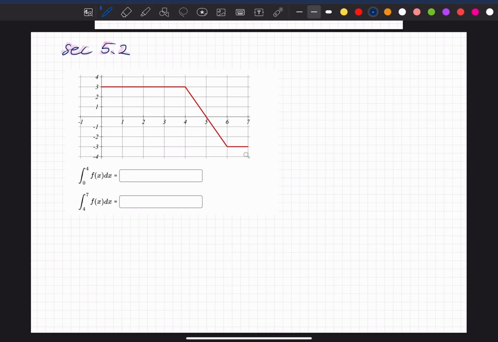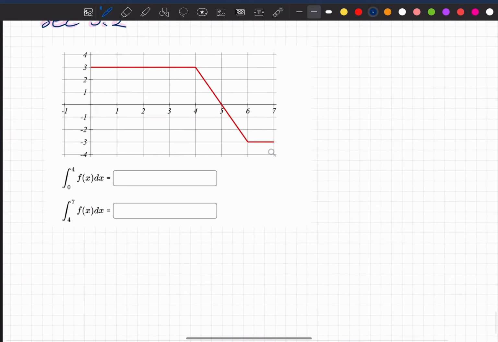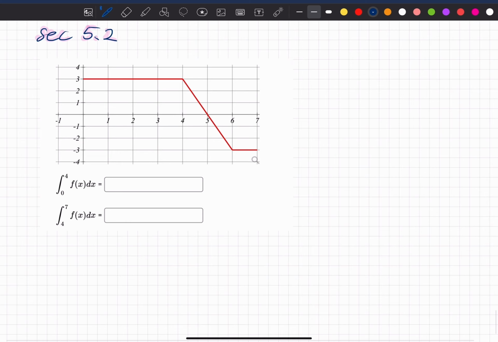For section 5.2, here is the question. We'll be looking for two major integrals: one is from 0 to 4, and one is from 4 to 7. I will be using different colors of highlighter to represent the areas.